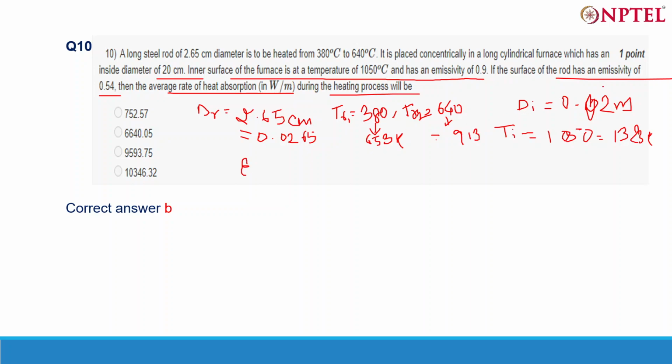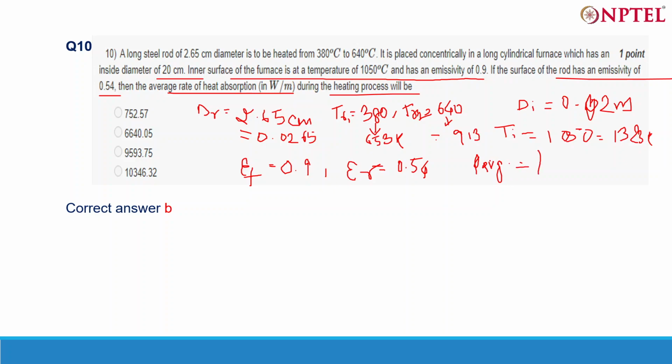Epsilon furnace is given 0.9, epsilon rod is given 0.54. Now you need to know the Q average and you have the data.